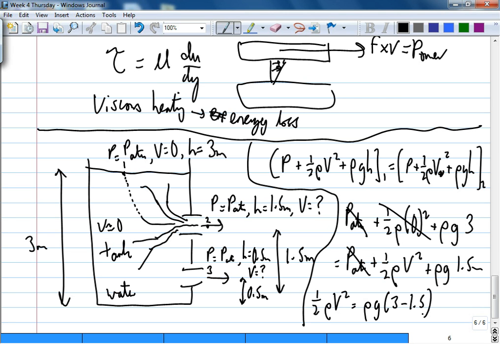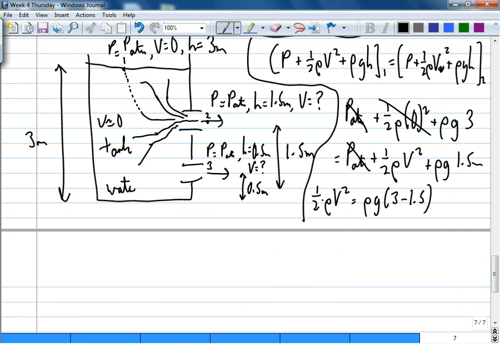Is that alright? This person moves over to the other side. In this case the rho can cancel out, so it doesn't actually matter what liquid it is. V is equal to the square root of 2 times 9.81 times 1.5.